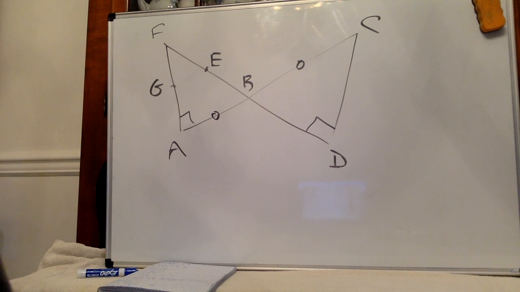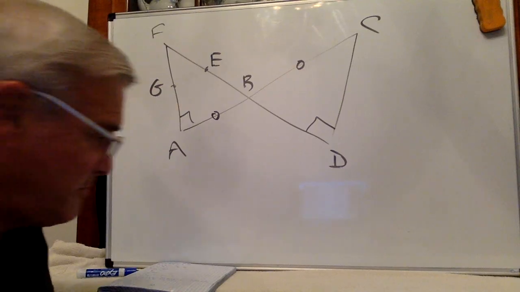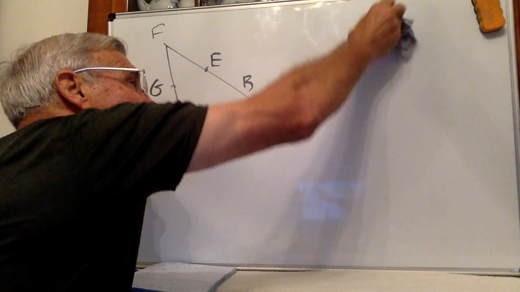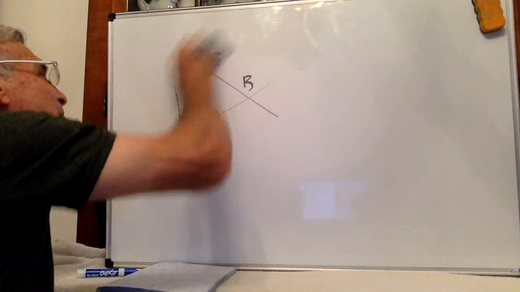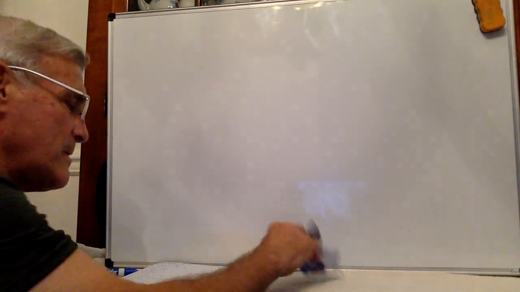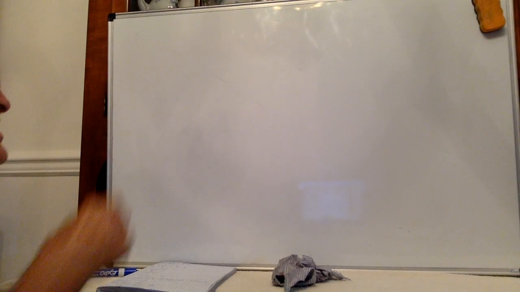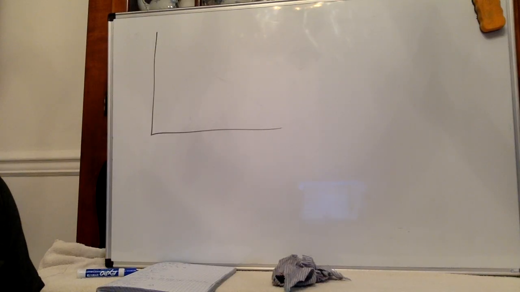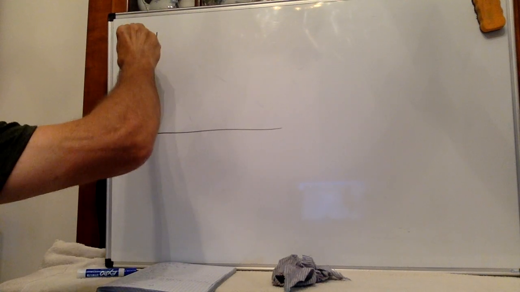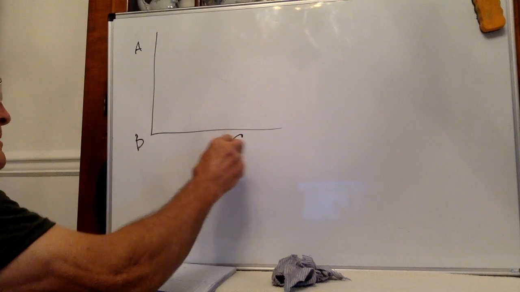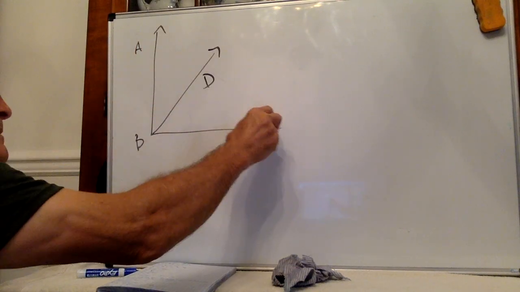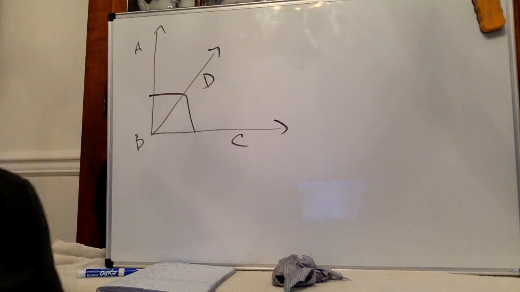Now, we talked about algebraic equations the other day. Here's your first one. In number 6, they gave you angle ABC. They told you this is a right angle.